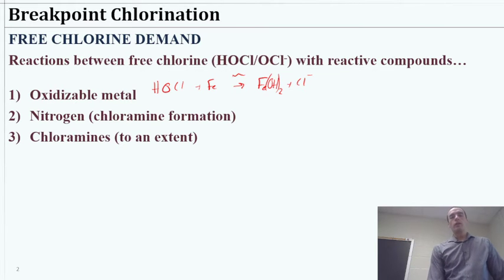We would also consider the fact that, hey, this is reacting with 0 valent metals. What happens to our pipes, right? So just kind of a side note here, pipe corrosion is a concern for overchlorination, right?